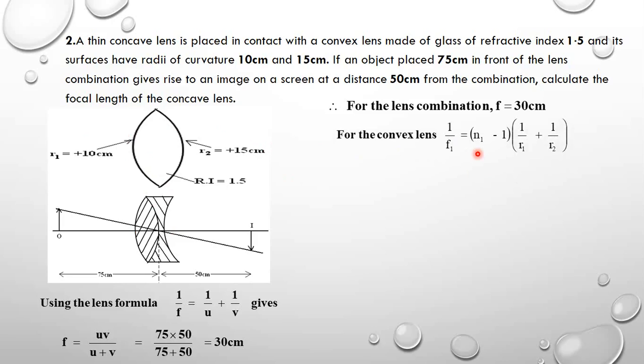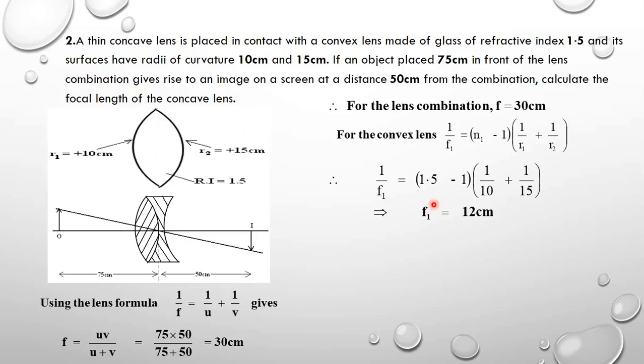Substitute for N1, which is 1.5, R1, which is 10, R2 is 15. So when we substitute, we shall get our F1 as 12 centimeters. So we shall have 12 centimeters as the focal length of this convex lens.